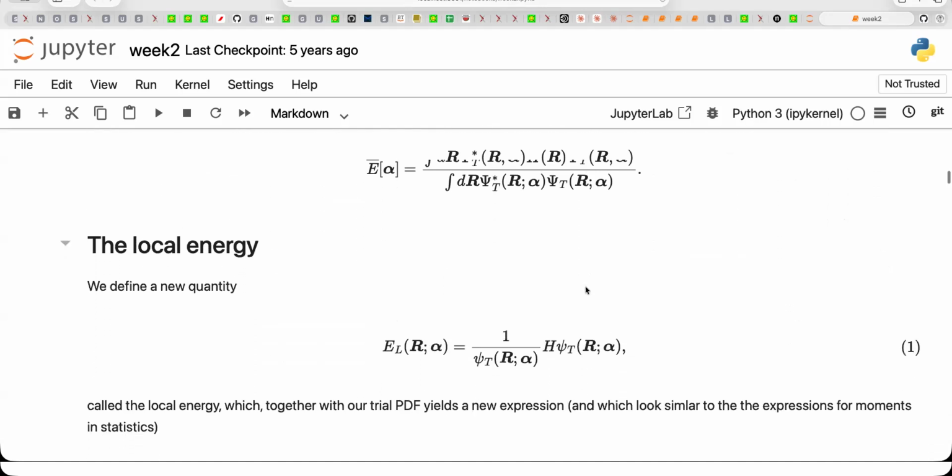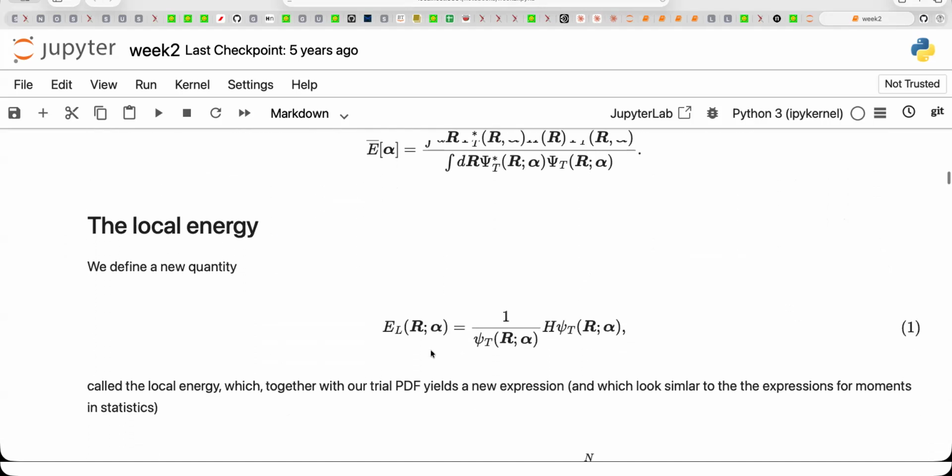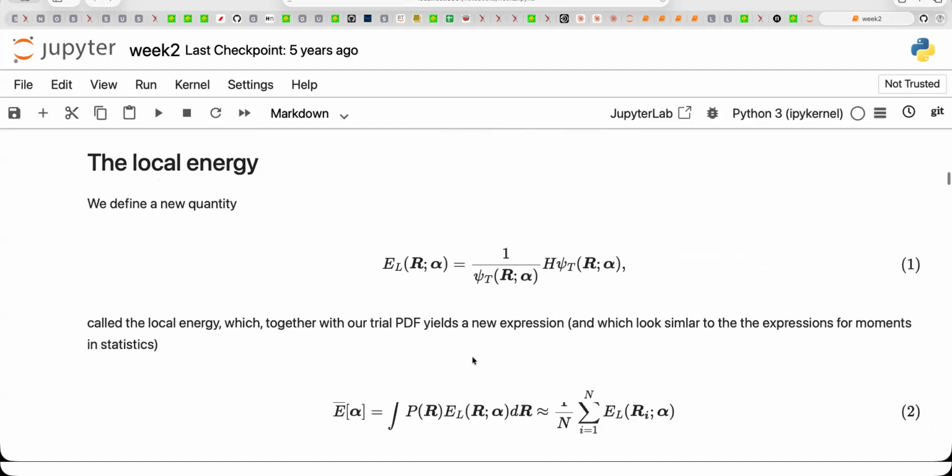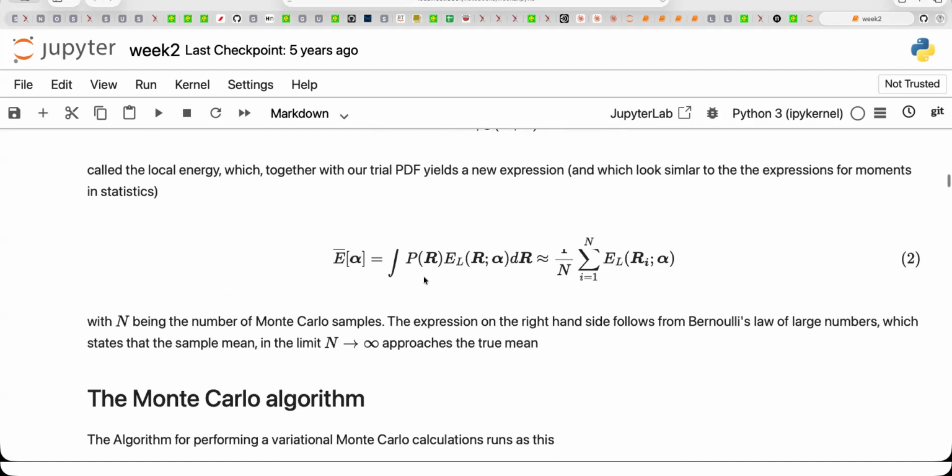And then we defined what we call the local energy. With the local energy, we could rewrite the integral as a probability times the local energy. And then when you do the Monte Carlo sampling, this is just 1 over n, where n is the number of Monte Carlo cycles. You pick these points randomly, and then you simply accumulate as many as you can. And obviously, the ideal is to have as many Monte Carlo cycles as possible.